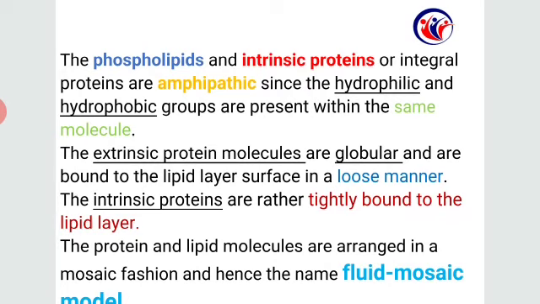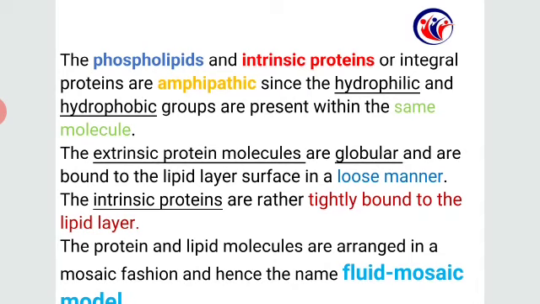When you have a molecule that has both hydrophilic and hydrophobic parts on it, then that molecule qualifies to be amphipathic. Now, you must identify which components of the plasma membrane are amphipathic. We are saying phospholipids and intrinsic proteins. So that means that the extrinsic proteins are not amphipathic, but phospholipids and those that span across, the intrinsic proteins or the integral proteins, are amphipathic. Please take note of that term.